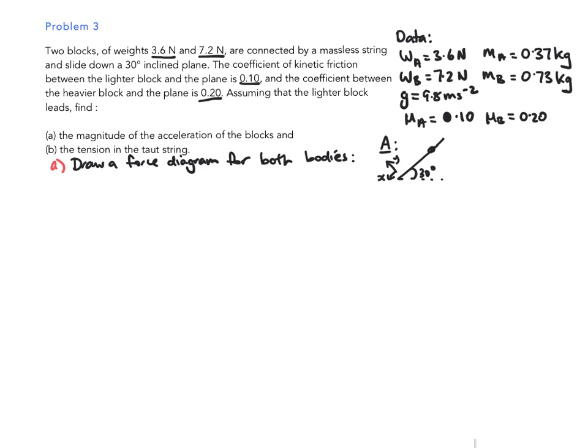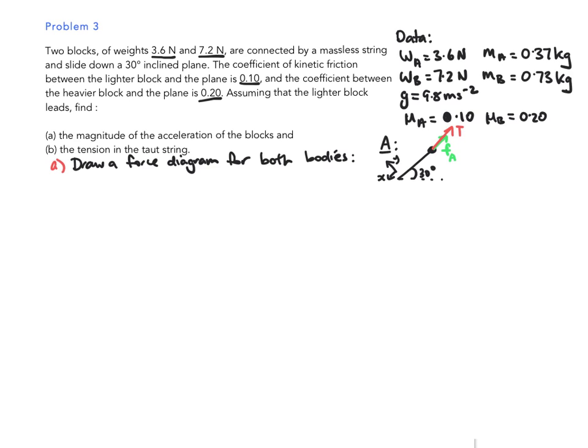Let's draw our force diagram then. We're going to have a frictional force acting backwards, which we'll call FA. We're going to have a tension acting back this way as well. I'll use a few colours here so this doesn't get confusing.